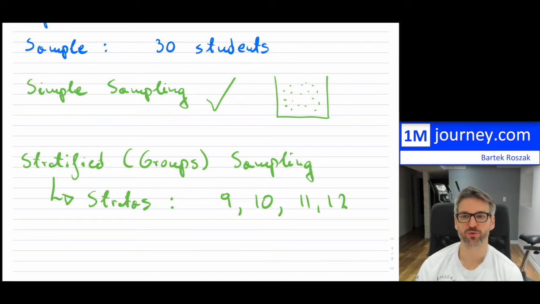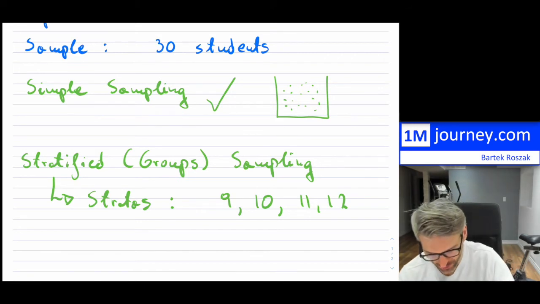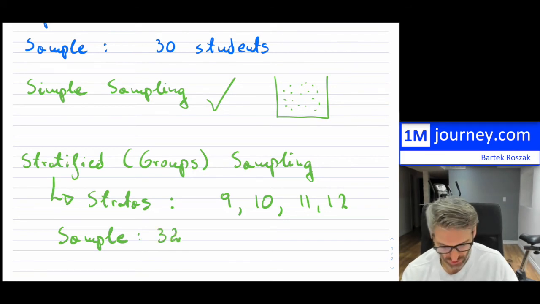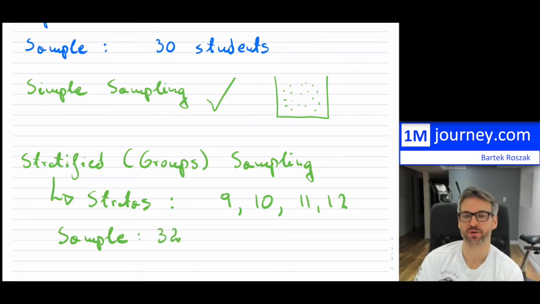So a researcher would probably say a sample of 30 doesn't really evenly go into it, right? It's not like I can take a certain amount of students. So I'm going to change the sample size, for instance. Because I'm taking 4 groups, I'll make my sample size 32, something which is divisible by 4.